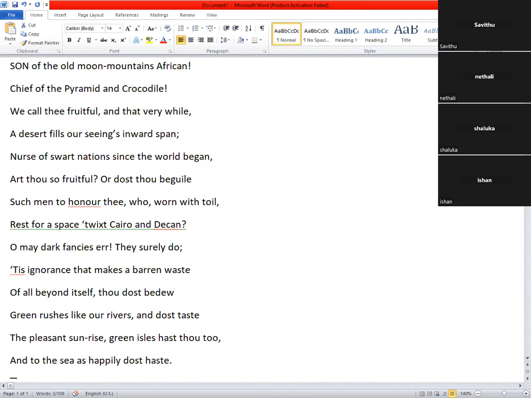It has some weakness. John Keats does not completely agree with the idea that the Nile is a fruitful river. It's an argument, poet's argument, right?